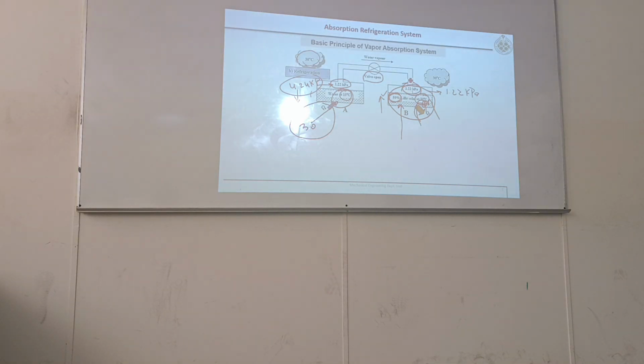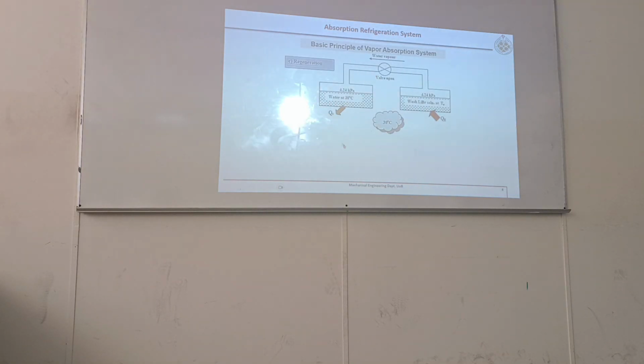So whatever water is evaporated, because now you are heating it, here vapor pressure will rise. It may become again 4.24 kilopascals. And here you want to condense it. This is the last process. The first was the initial condition, second is refrigeration. Okay, so this refrigeration process is explained.